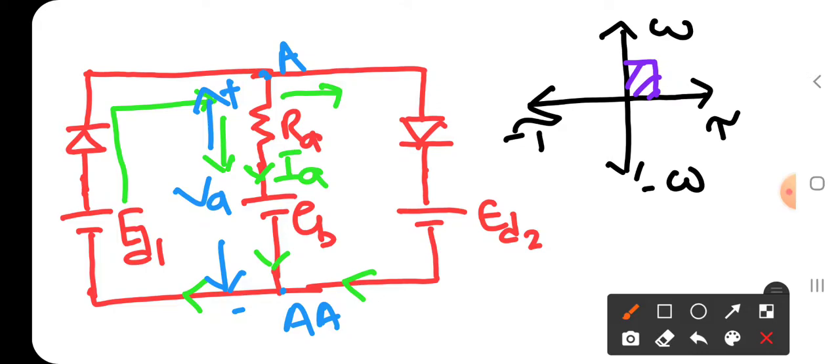And the source for the current is positive converter only.